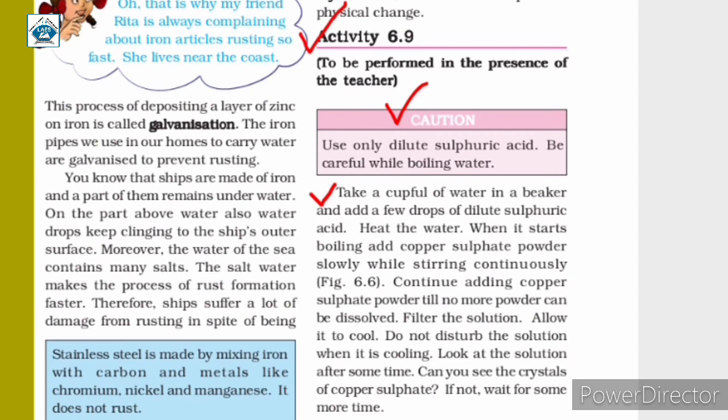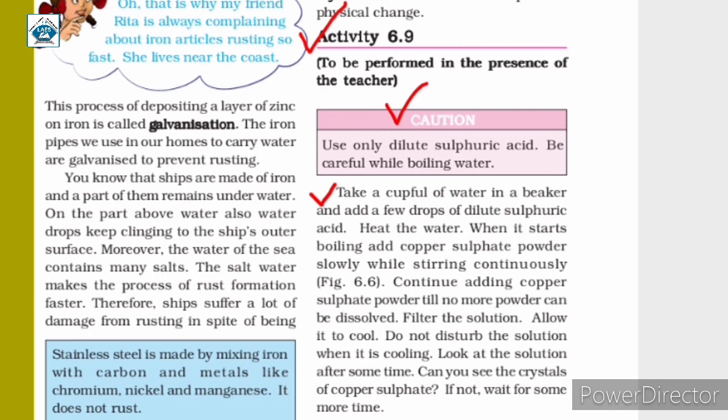Before performing this activity, you have to follow a caution that you should be careful while boiling water, you should be careful while handling flame, and also the sulfuric acid used should be dilute. So for this activity, we require dilute sulfuric acid and copper sulfate powder. In a beaker, take a cupful of water and into this add a few drops of dilute sulfuric acid. After that, the water should be heated.